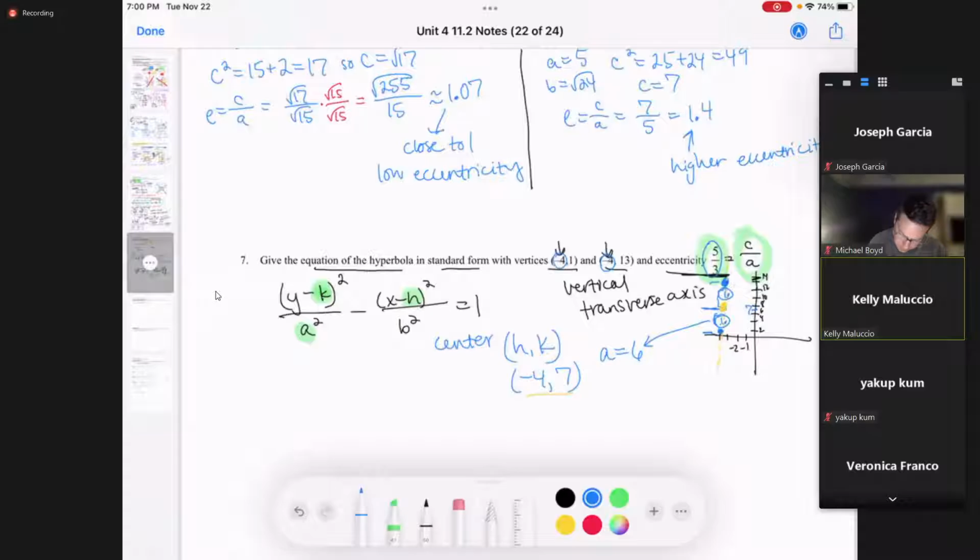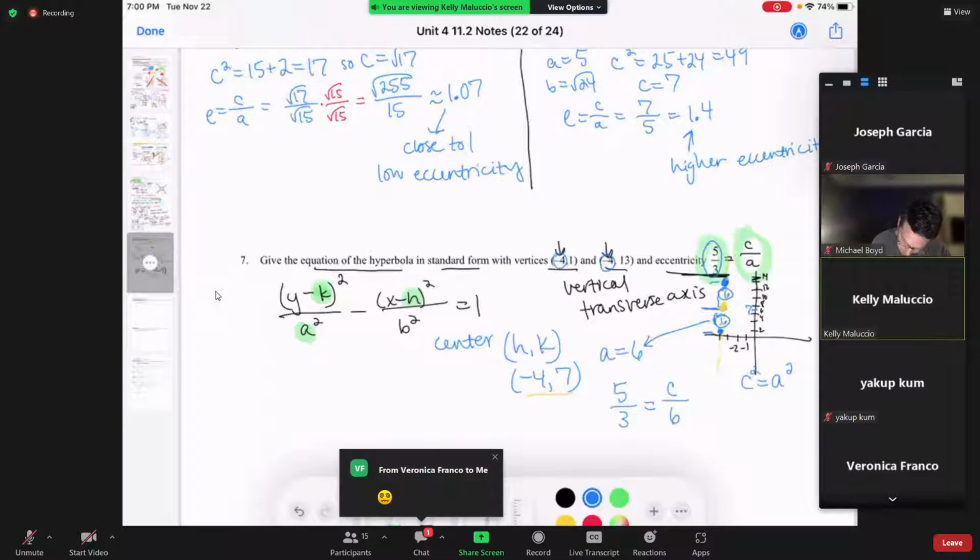There are other ways to find it, but that's where it would come from. But then what we know based on this is that 5/3 has to equal c over 6. And this is how we can get b, because we can get our c value first and then use the fact that c squared is a squared plus b squared.